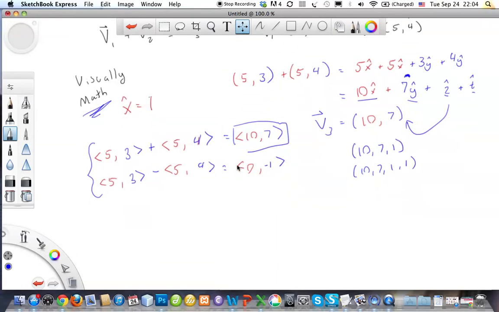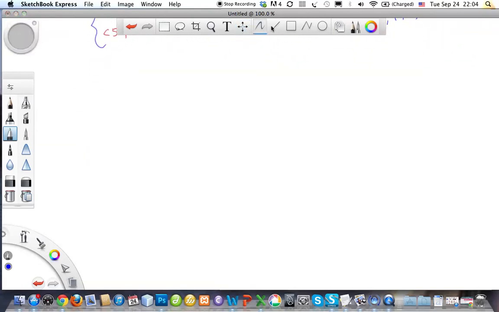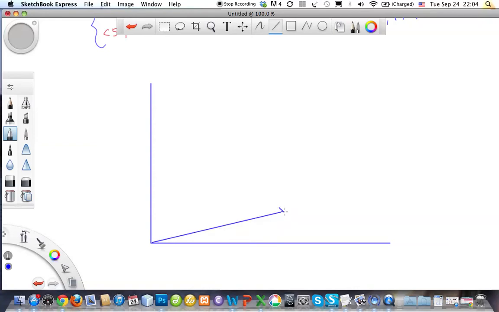So I'm going to go down here and make a really big grid. Then I'm going to have one vector here, and we're going to call this vector A. So vector A plus vector B should give me vector C, so I should come out with another vector.